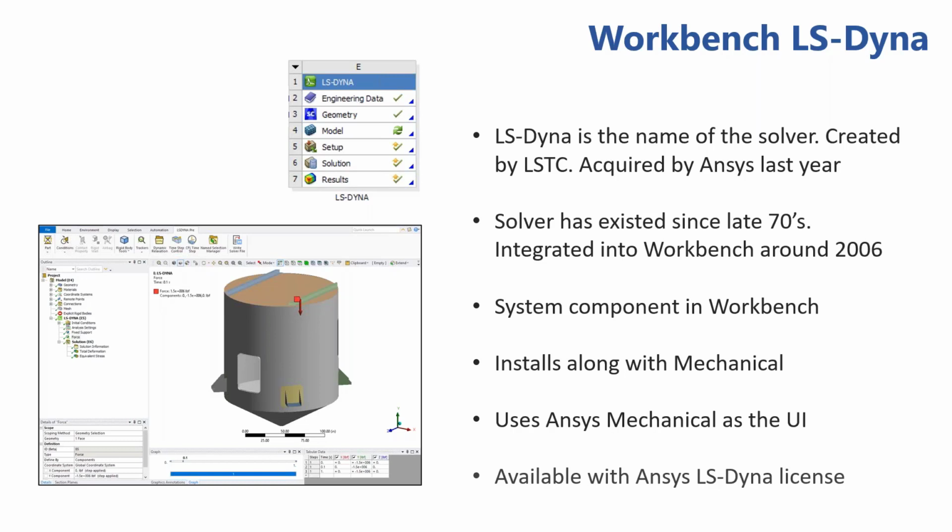But as of the mid 2000s, you could get it as a system component in Workbench. Again, it works through Mechanical as the pre and post processor, and it becomes available to you when you purchase an Ansys LS-DYNA license. There are two LS-DYNA options that you can get through Ansys. One is the traditional LS-DYNA license, the other is the Ansys LS-DYNA license. And it's the Ansys LS-DYNA license that gives you access to LS-DYNA inside Workbench.